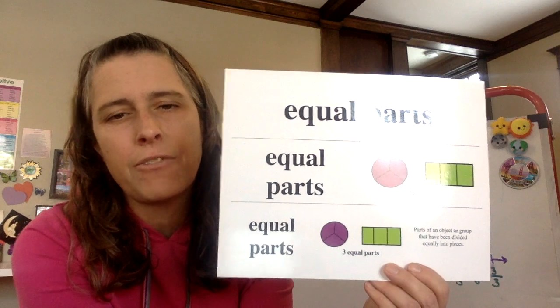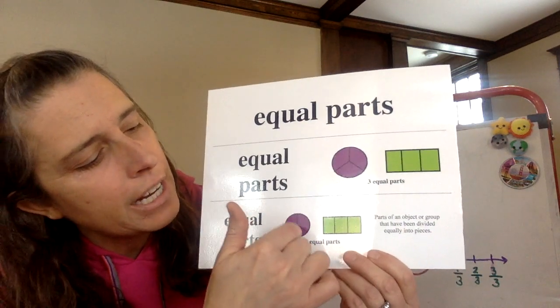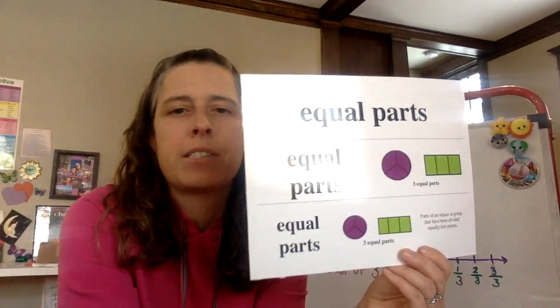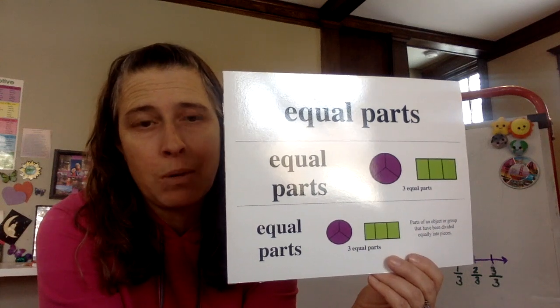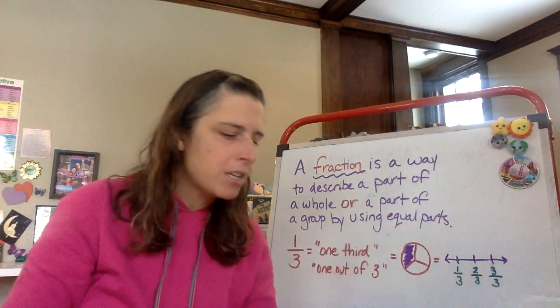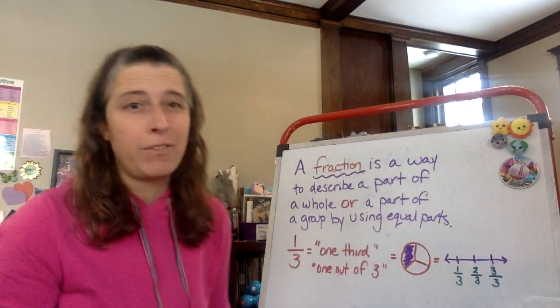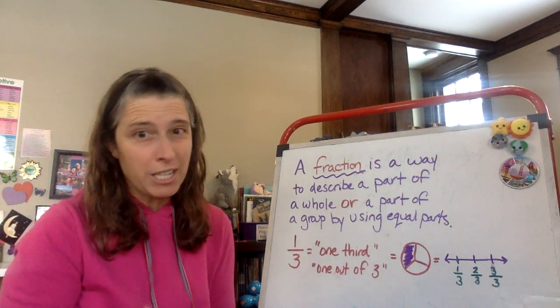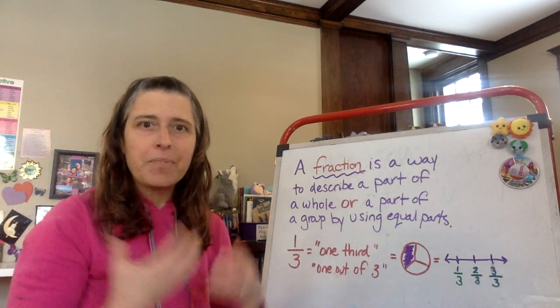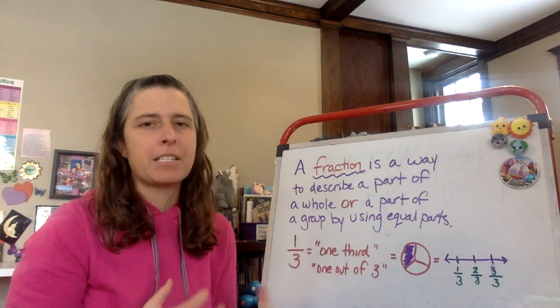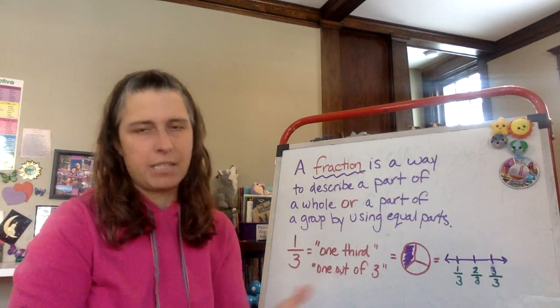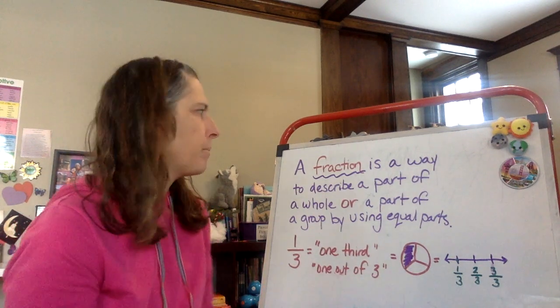So say if I had this circle right here and I had a line through it, this figure would not be divided up into equal pieces. I'm pretty sure you know what that's all about because you have been dividing figures up into equal pieces since you were in kindergarten. So a fraction is something that's divided up into equal pieces, and that's really important to remember.